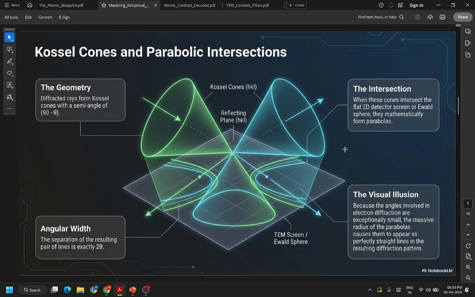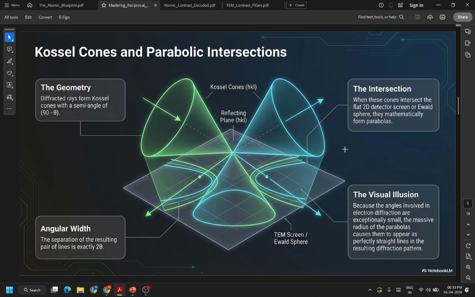And then how the Kikuchi lines are formed. This we have also studied earlier. It uses Kossel cones and parabolic intersection. The diffracted rays will form Kossel cones with a semi-angle of 90 minus theta.